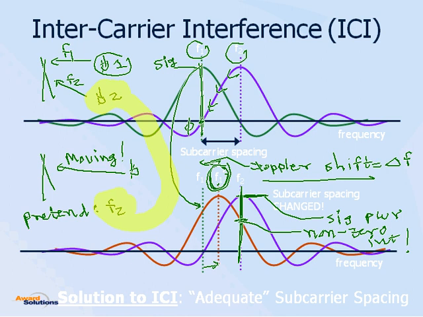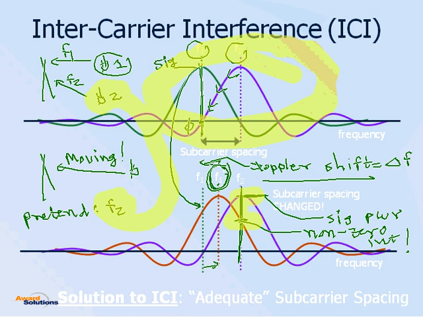Earlier, when no one was moving, we had perfect orthogonality, no intercarrier interference, no interference between two subcarriers. But now we have started observing that the signal and interference could come quite close to each other.